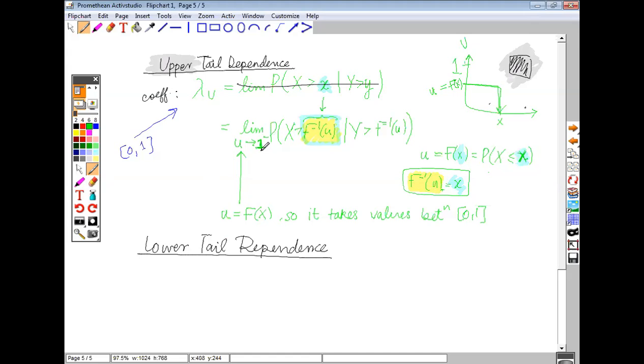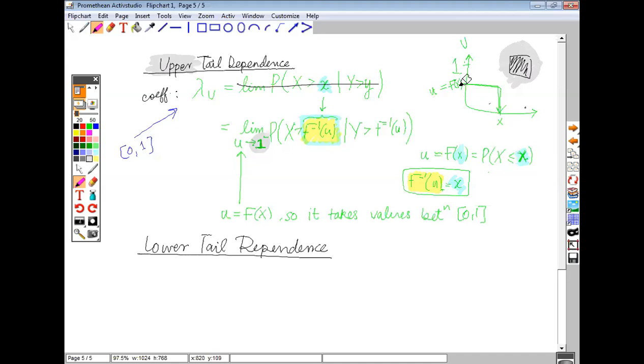Why 1 minus? Okay. Because we are looking at upper tail dependence, right? So whenever I'm looking at upper tail dependence, what value of u are you likely to have? Near about 1, right? Because u takes values from 0 to 1. What is small u?